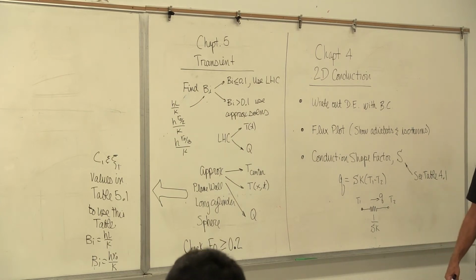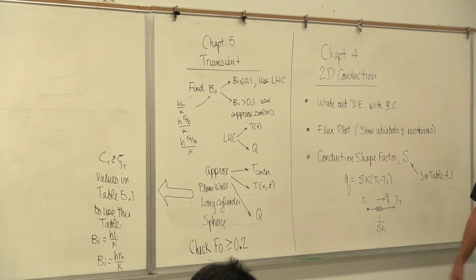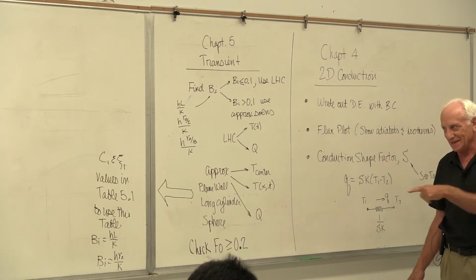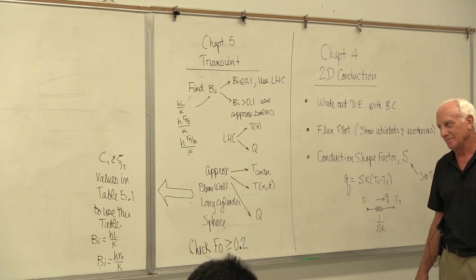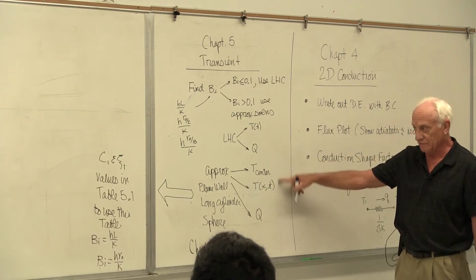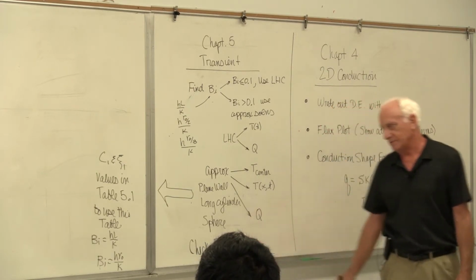In this class, it will always be greater than 0.2 if it's going to be approximate solutions. We'll never use the exact solutions, the infinite series, no. But still, I want you to check the Fourier number just to prove to me that it does satisfy that criteria. Check the Fourier number. Either before you pick the equation out, or if you're solving for time, solve for time, put it back in here, and make sure it's greater than 0.2.